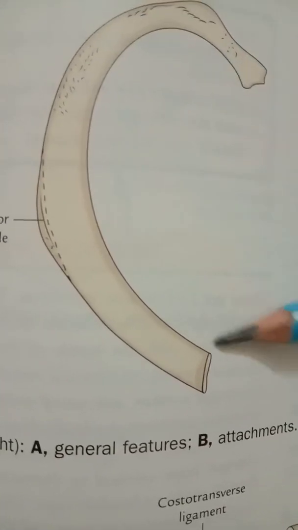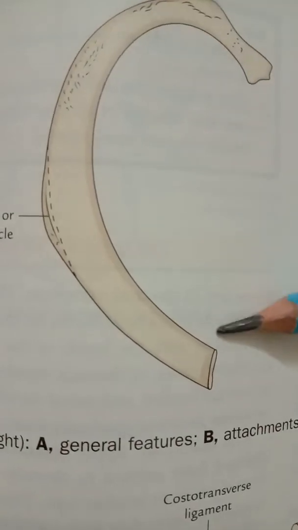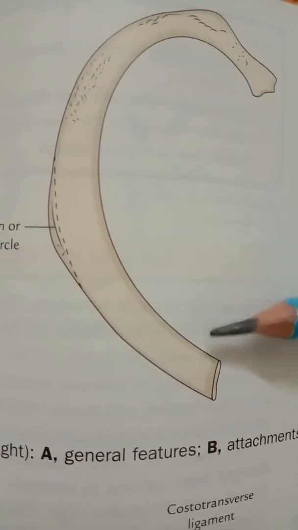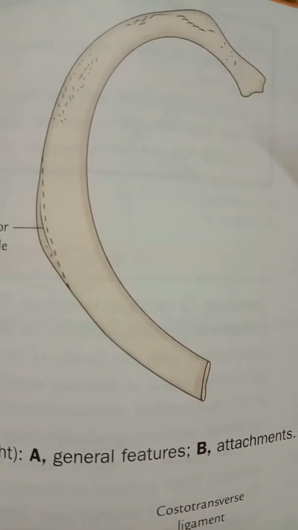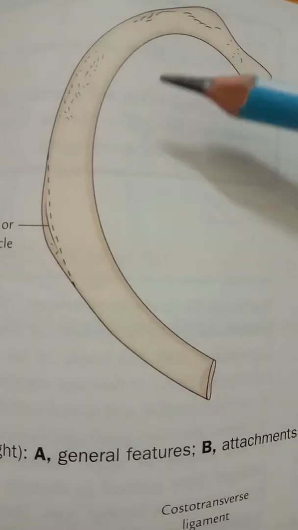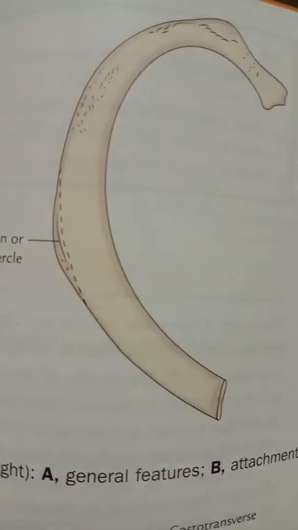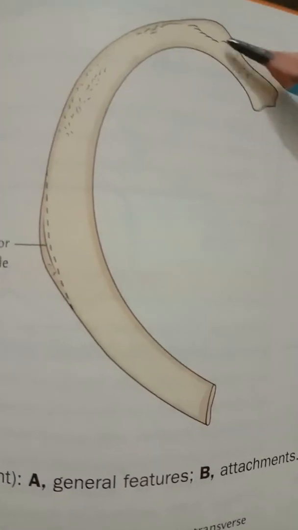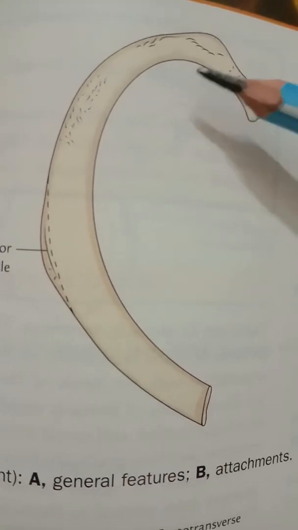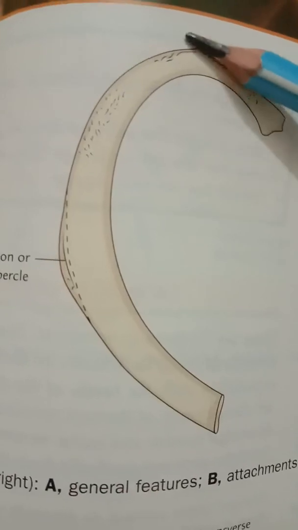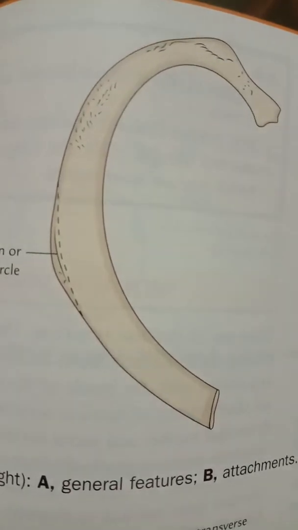Then the inner surface of the shaft is smooth and concave, and it faces more downwards than inwards, and there is a short costal groove on the posterior part of this surface. Then the posterior part of the upper border has a distinct outer and inner lip. So this is the outer lip, this is the inner lip.